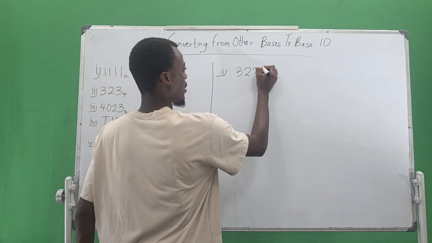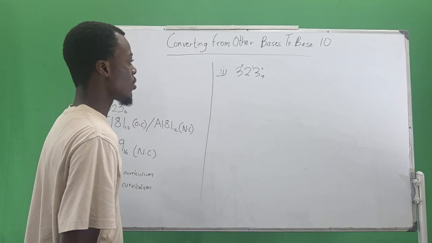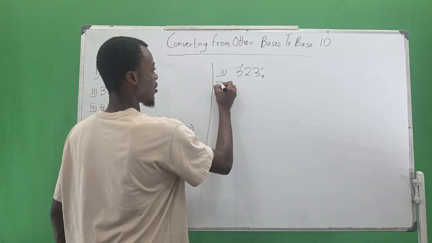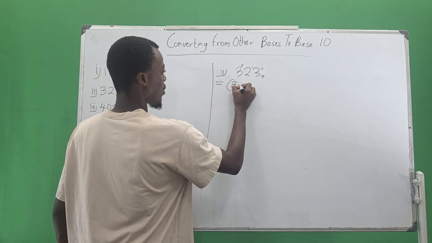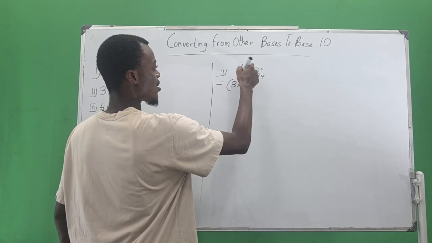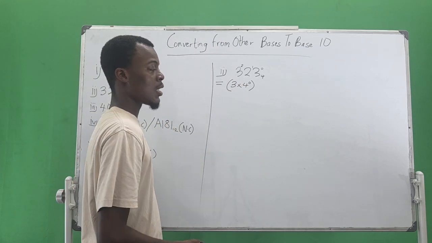You can just start here, 0, 1, and 2. When we start simplifying, the first one will be 3 times 4 exponent 0. This 0, 1, 2 will be the power of the bases when you are simplifying.